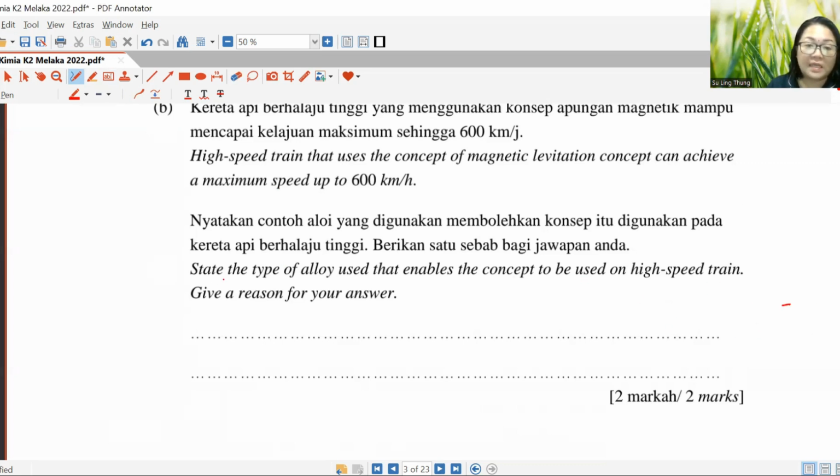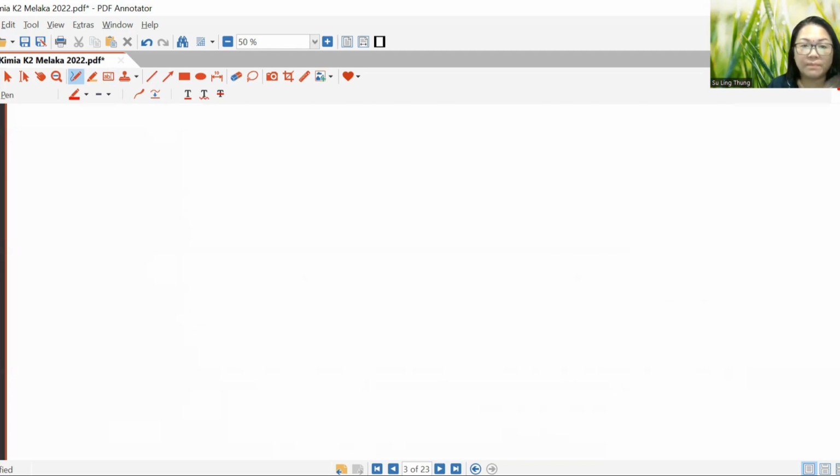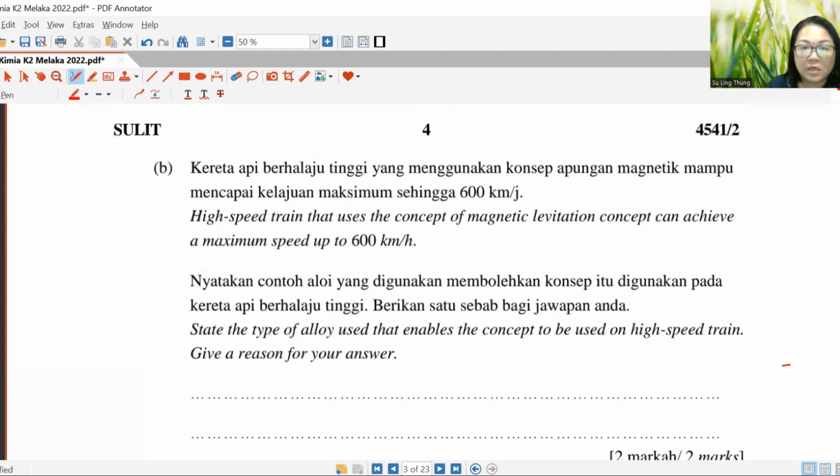Many students might say they never learned this, but the clue in the question is the magnetic levitation concept, the maximum speed, and that it is used on a high-speed train. So this is a superconductor.